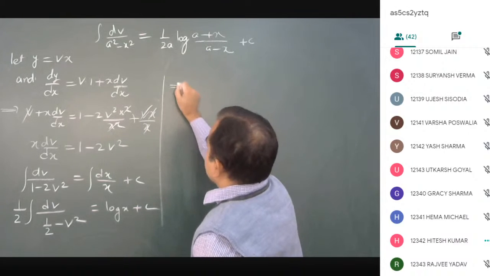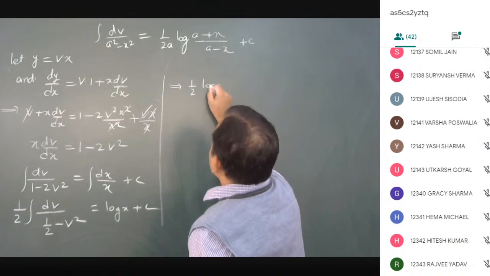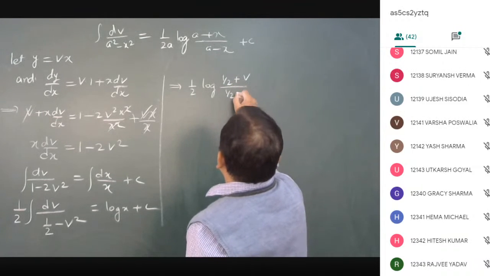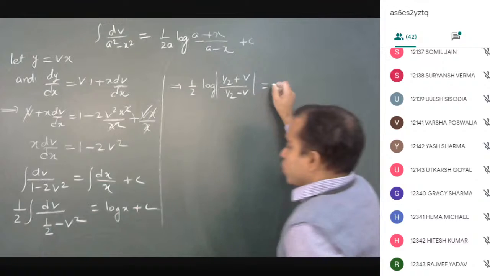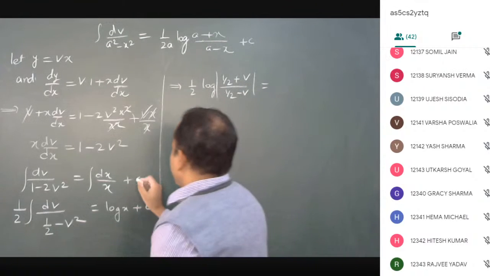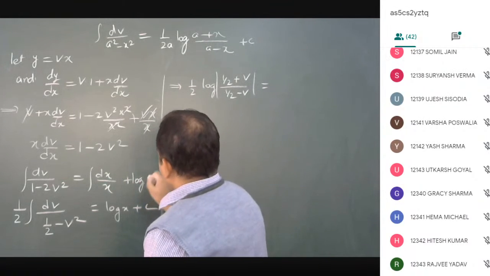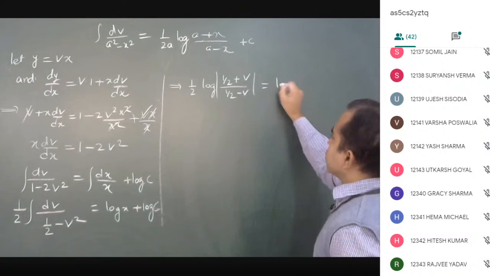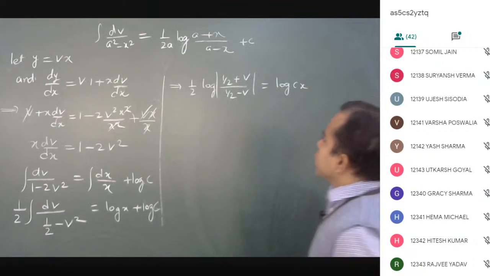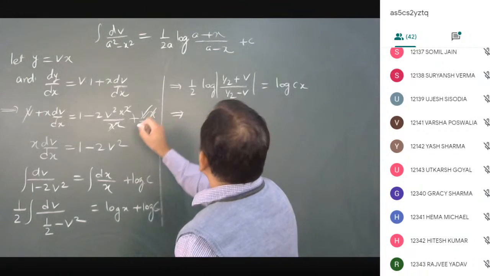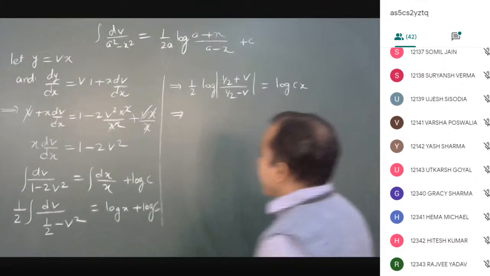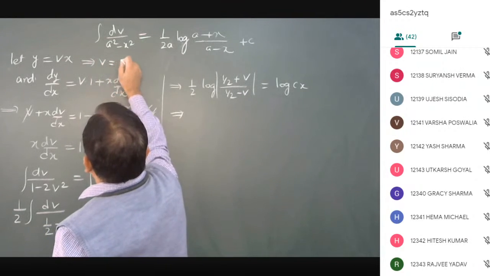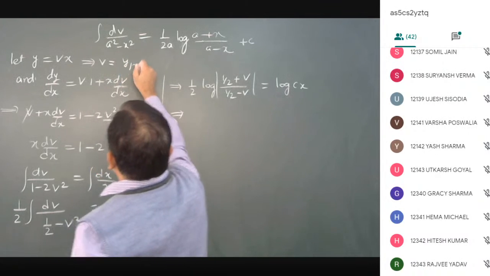So let us apply, half log of a plus x, half plus v upon half minus v equal to, and as in the previous question, when 2 logs were there, constant also let us take in terms of log, c equal to log cx. So now in place of v I am going to put v equals to y upon x.